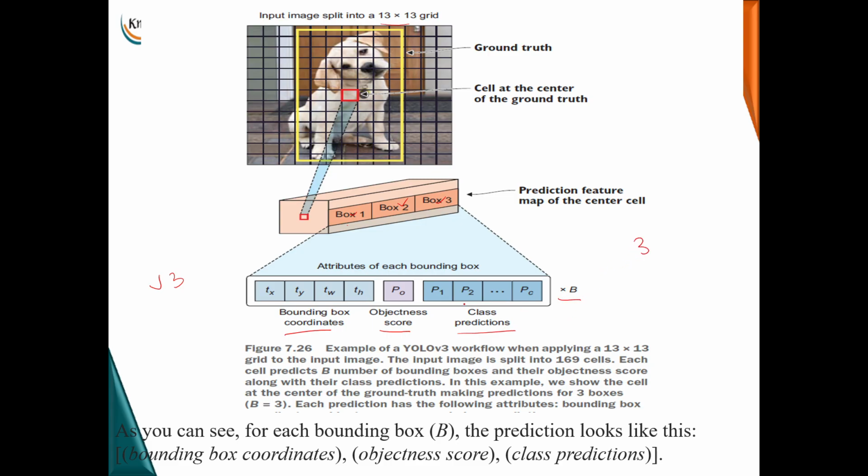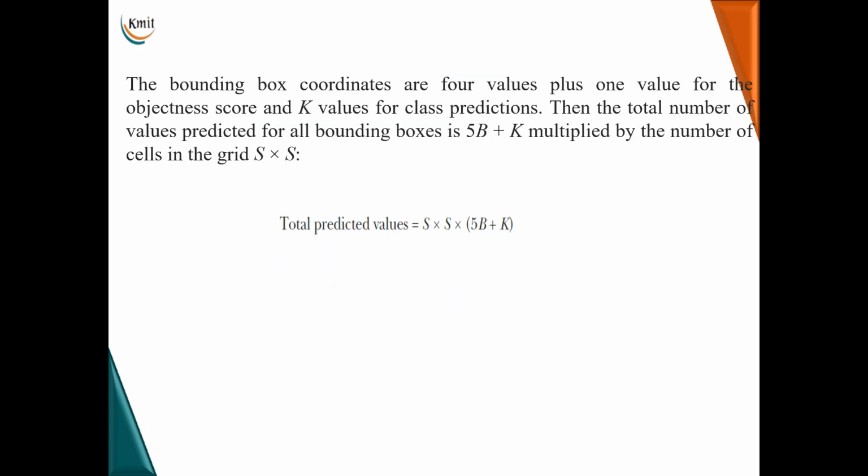As you have 3 bounding boxes, you will generate X, Y, W, H, objectness score and class probability for each bounding box.